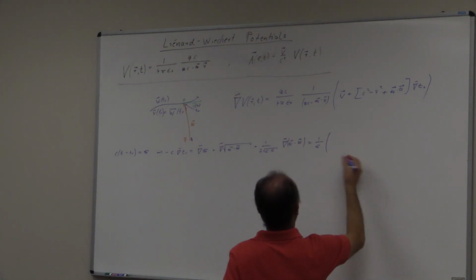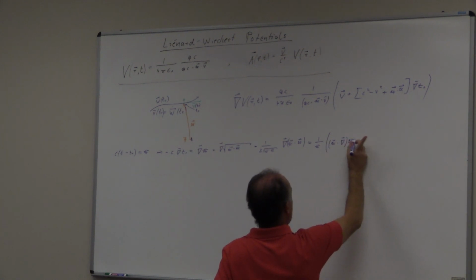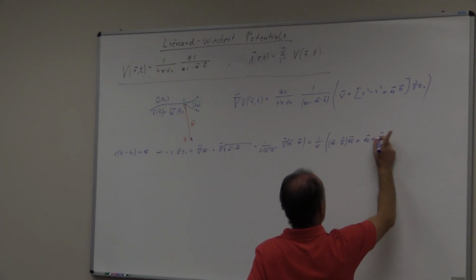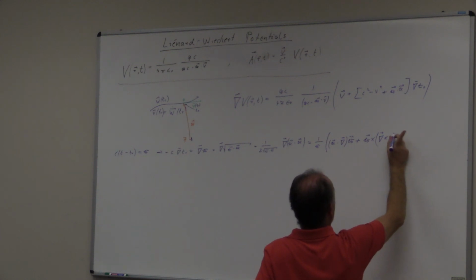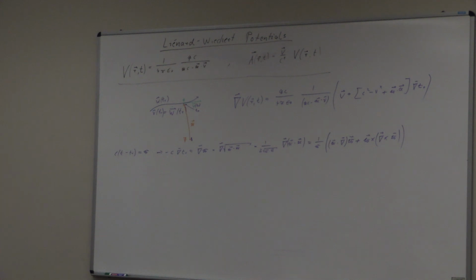So we get R dot gradient R plus R cross curl R, right? Okay.